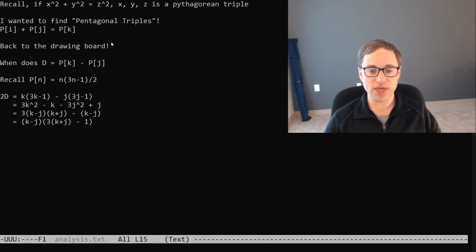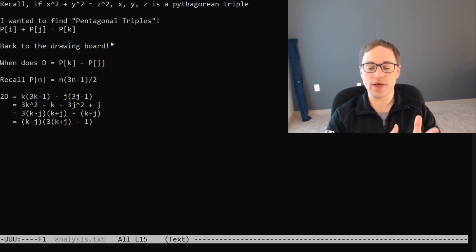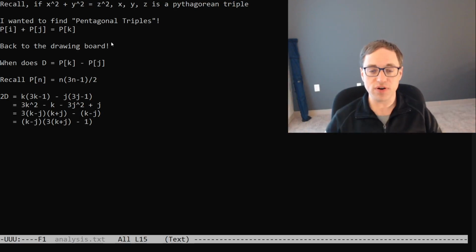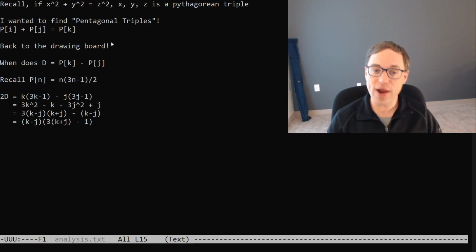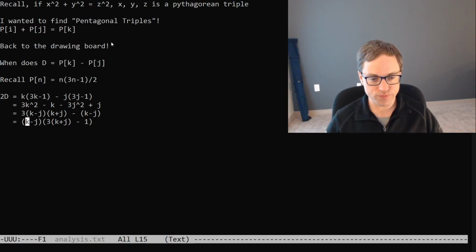And then we're going to be iterating over i to generate the values of d. And so we're going to have 2 loops, each iterating over roughly the value of i. And so our algorithm is going to be an order n squared algorithm instead of an order n cubed algorithm. Much better.